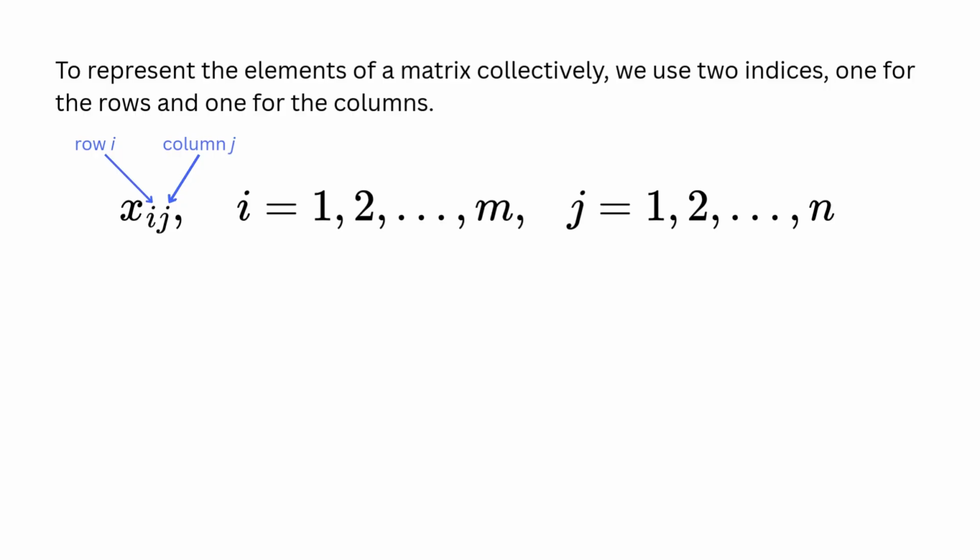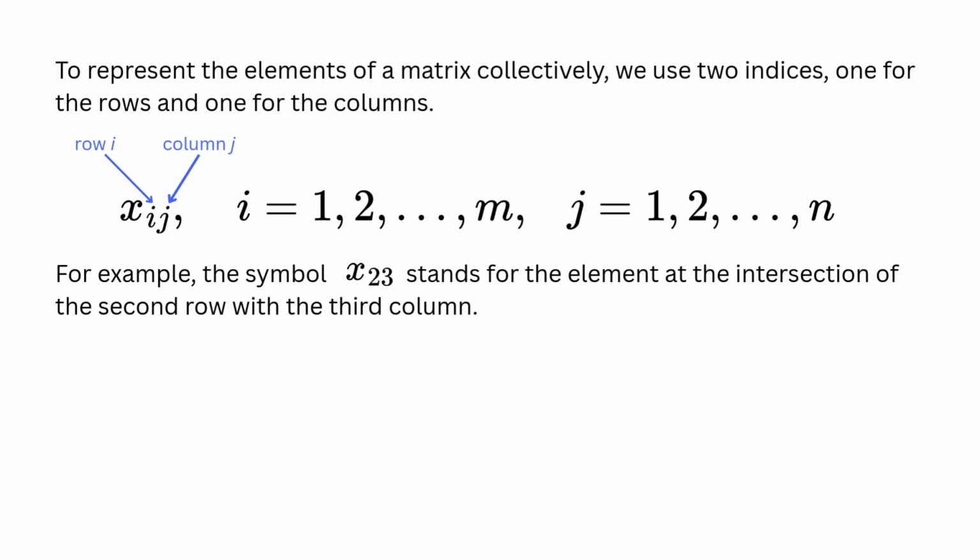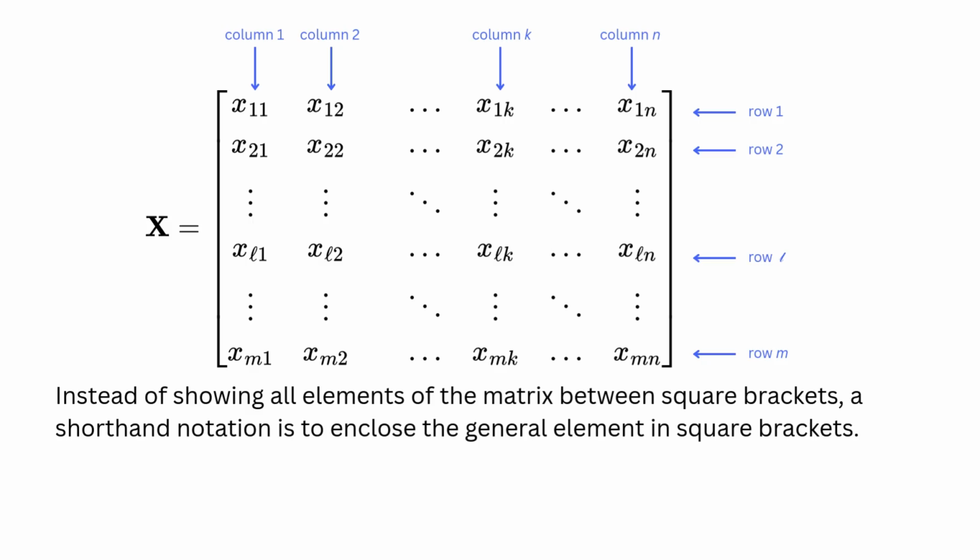To represent the elements of a matrix collectively, we use two indices, one for the rows and one for the columns. For example, the symbol x_{2,3} stands for the element at the intersection of the second row with the third column. Instead of showing all elements of the matrix between square brackets, a shorthand notation is to enclose the general element in square brackets.